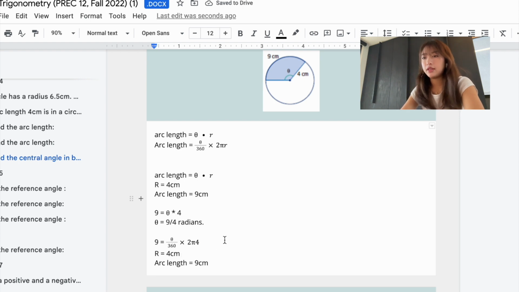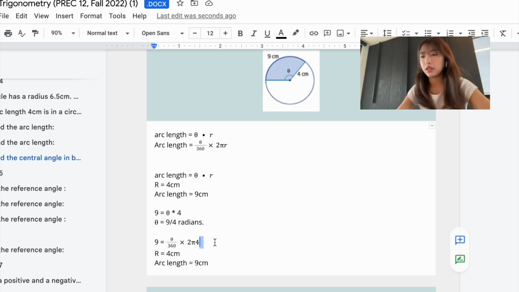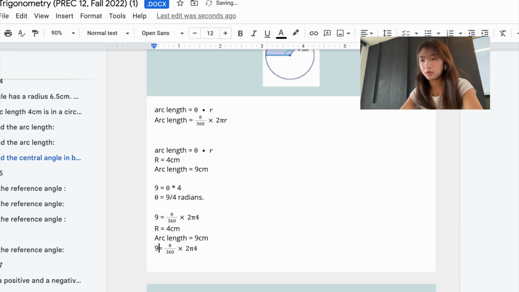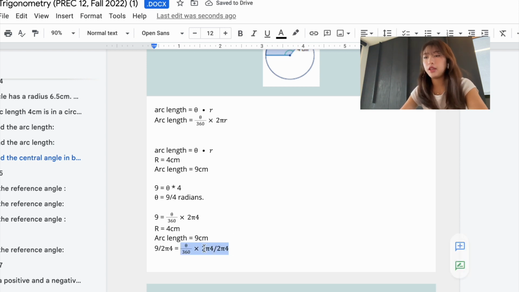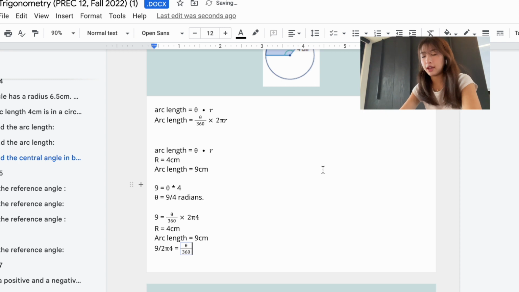All right, so now this one's a little bit more difficult to solve for theta because theta is in a fraction. So first, we'll divide both sides by 2 pi 4. All right, so you can see, just like the other one, this one here cancels out because this just equals 1. So you can get rid of that.